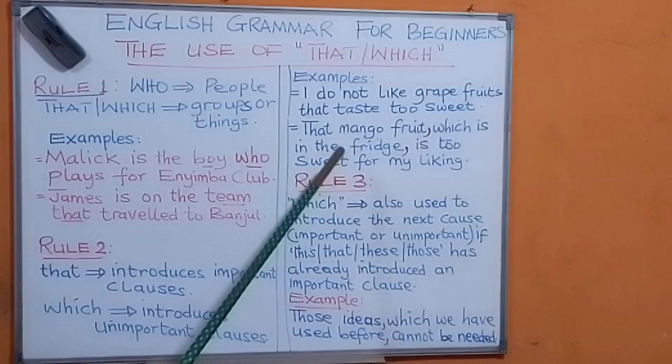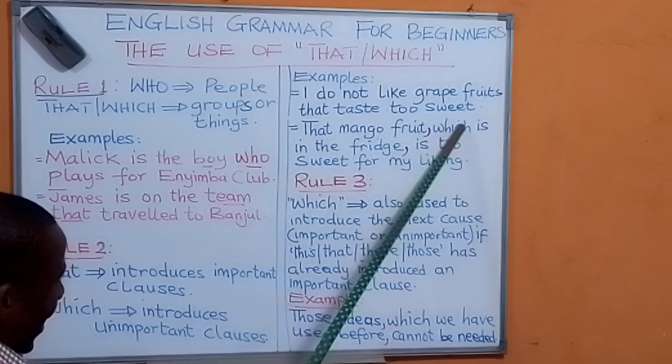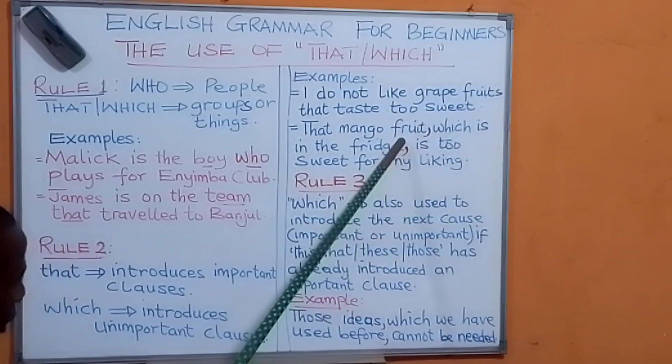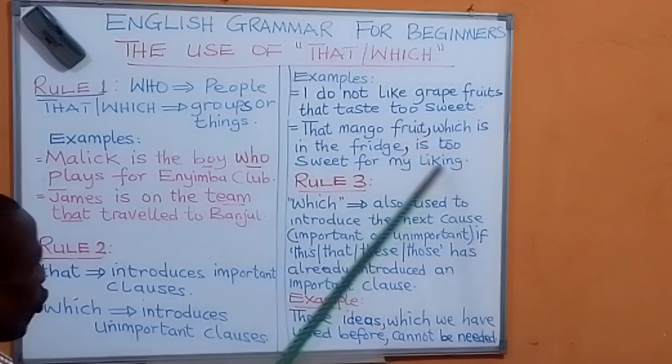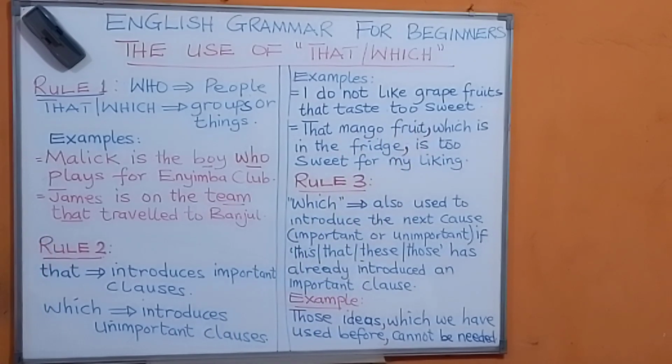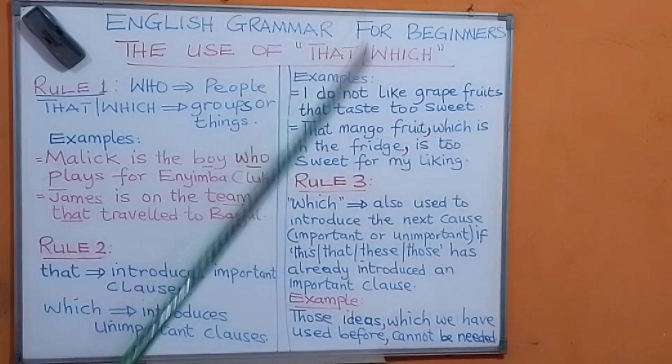I can as well say that mango fruit, if I remove this information that I put in, I can have: the mango fruit is too sweet for my liking. But I want to give you a little bit of information which may not be important. That's why it's introducing an unimportant clause. So what is that unimportant clause? Which is in the fridge.